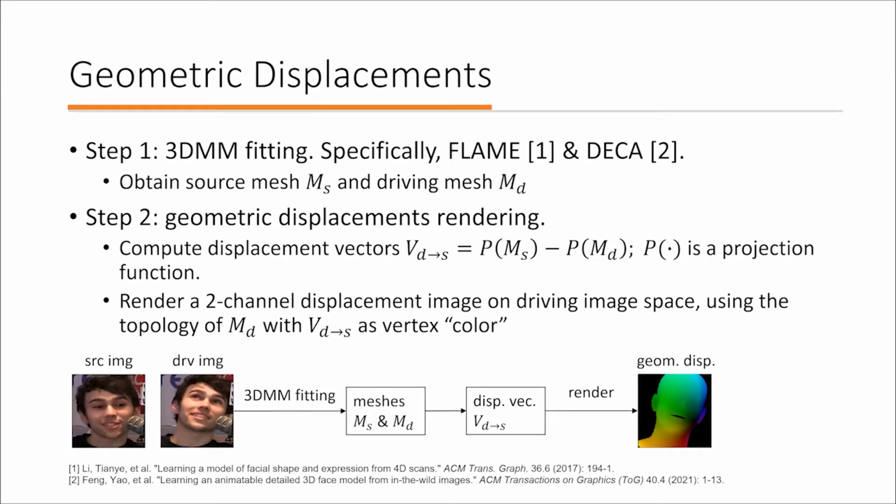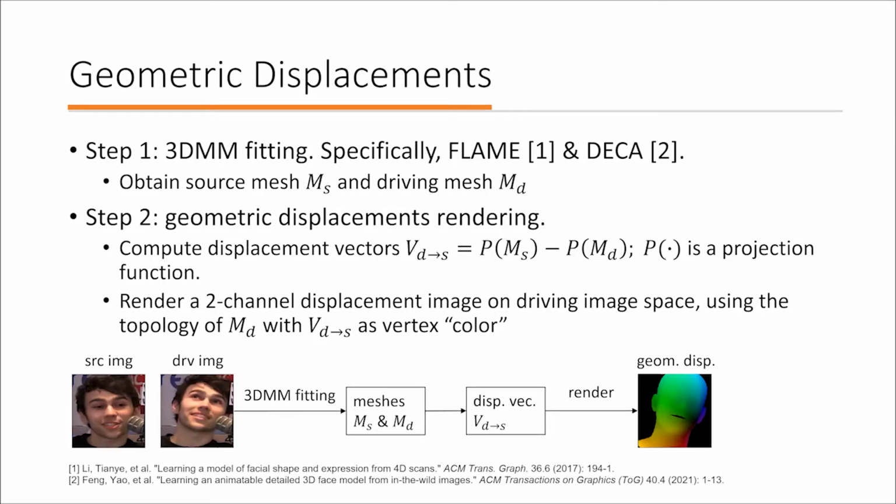As a first step, we feed a 3D morphable face model to the source and driving images to obtain their meshes. Specifically, we use FLAME as the underlying 3D model and DECA as the fitting algorithm. Next, we compute 2D displacement vectors V using the meshes by projecting them to the image space and computing their offsets, as you can see in this formula.